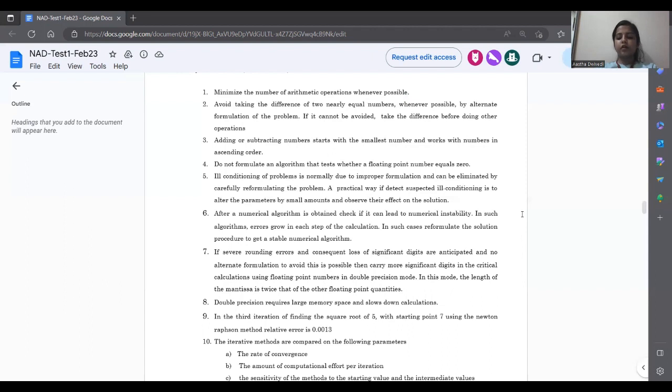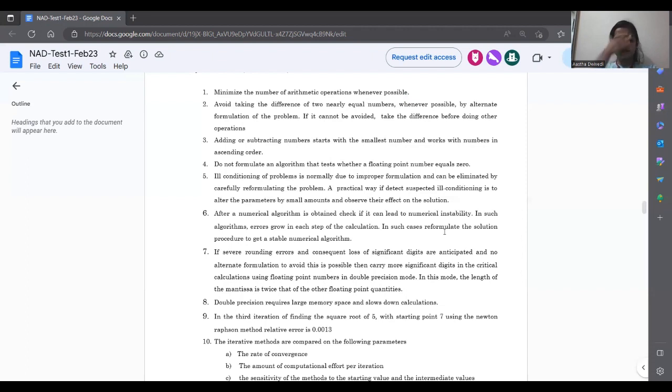Therefore, while checking for numerical instability is an important step in the development of a numerical algorithm, addressing instability may require a more thorough analysis and reformulation of the algorithm to ensure that it is stable and reliable for a range of input values and conditions. So, this statement is also partially true.